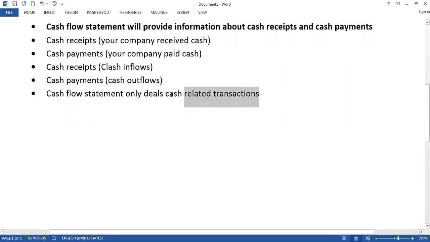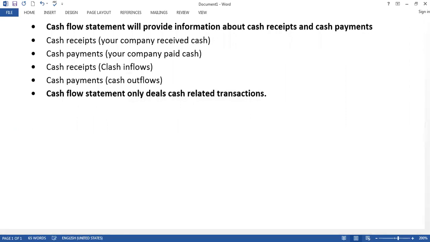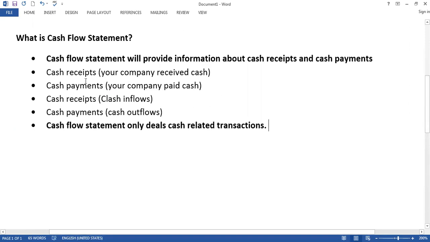This is a very important point. Cash flow statements only deal with cash related transactions. So what are the cash related transactions here? Cash receipts or cash payments, that means cash inflows or cash outflows. Your company received cash, your company paid cash. So everything is related with cash.